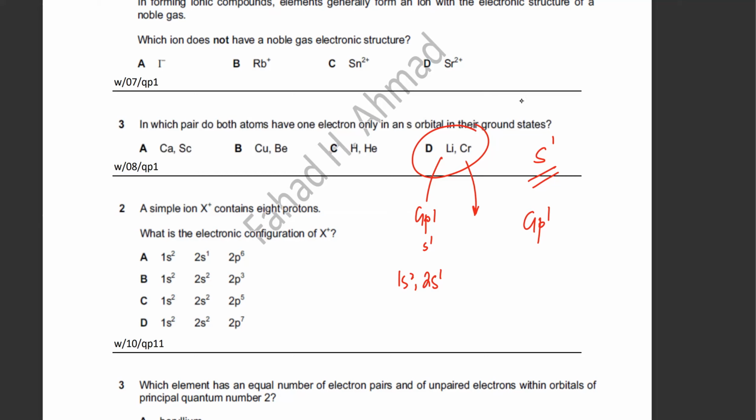Like in O levels, you did that lithium has 3 electrons, right? 2 in the first shell, 1 electron slightly more energetic, like this one. 2 electrons in the s, and there's 1 electron in s, which is at a higher energy level, which means the electron is further away. So we thought of lithium as this, right? An isolated atom of lithium is going to be like this.